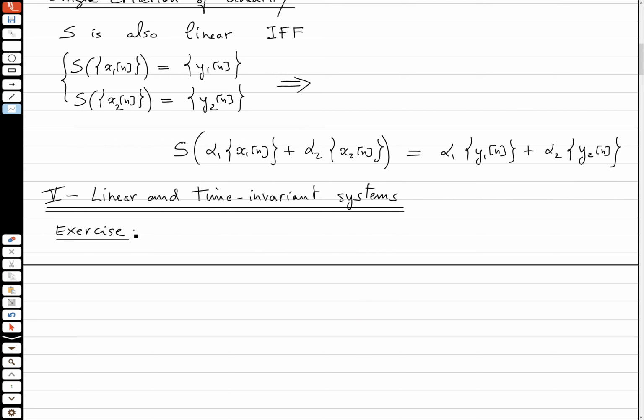Now we're going to do a completely different type of exercise where we take a system that is known to be linear and time invariant, both, but we don't know its formula. Wow, scary. But then we want to figure out what the formula is. Do you think it's going to be easy? Well, we're going to see that.